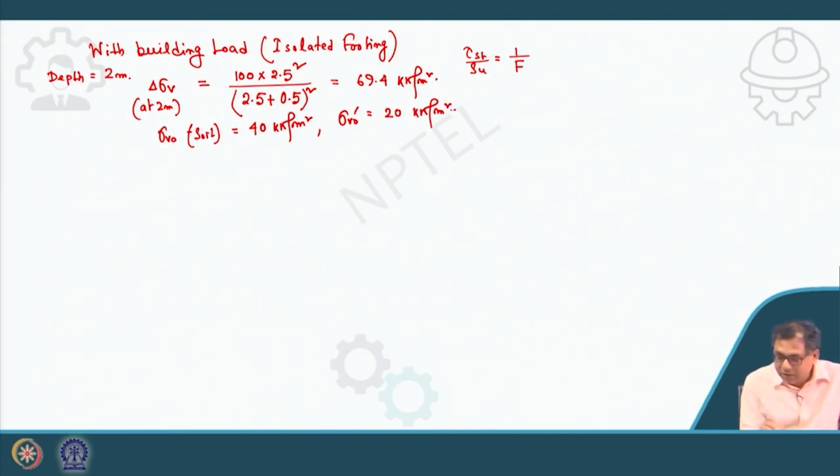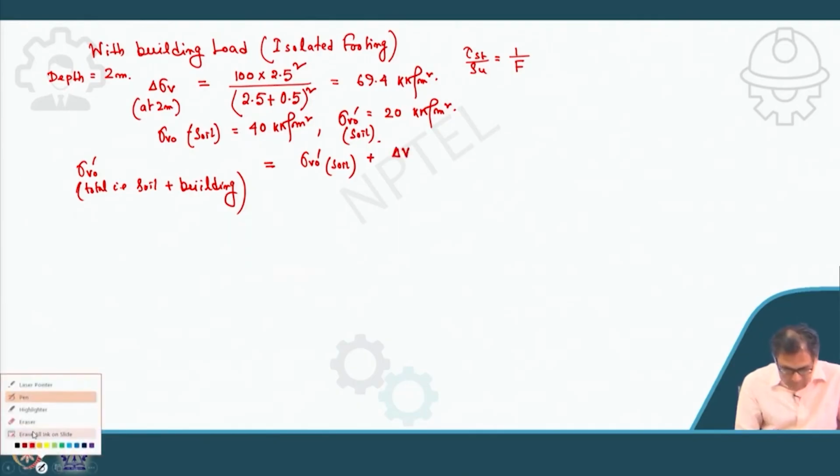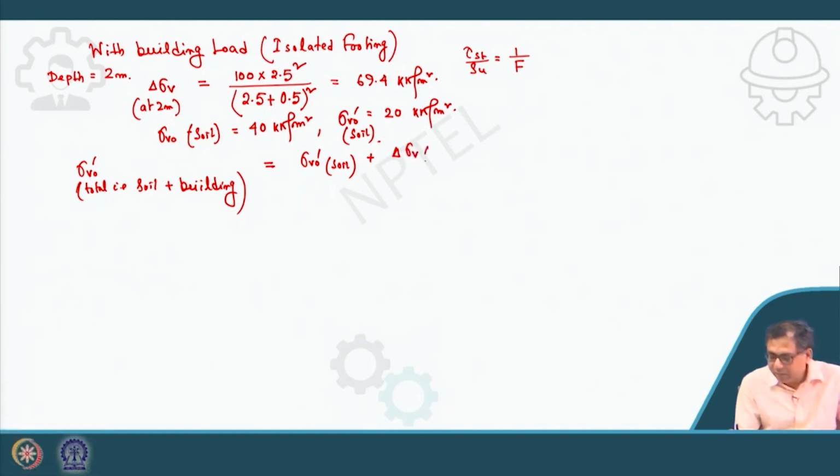This is for soil only, but when you calculate the sigma V dash total, that is soil plus building, that will be equal to sigma V dash soil plus del sigma V for building.